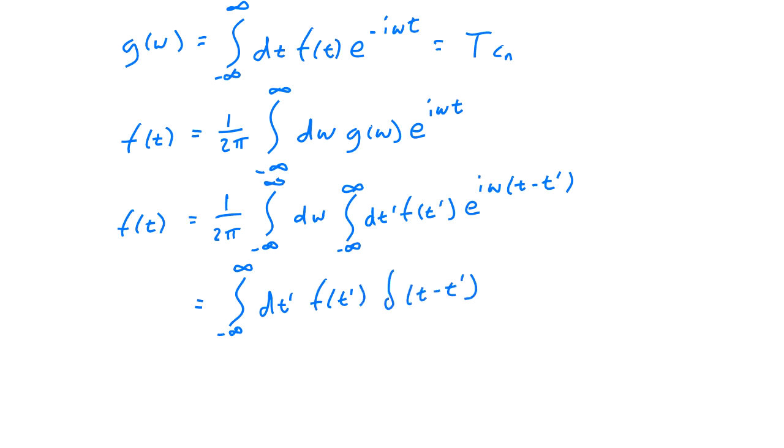And what this delta function does effectively is if t is equal to t prime, it's a 1. If not, it's a 0. So delta of (t minus t prime) is really equal to 1 over 2 pi times the integral from minus infinity to infinity of d omega e to the i omega (t minus t prime).